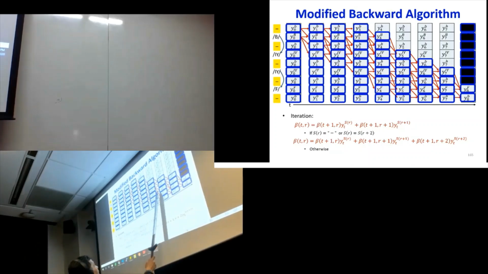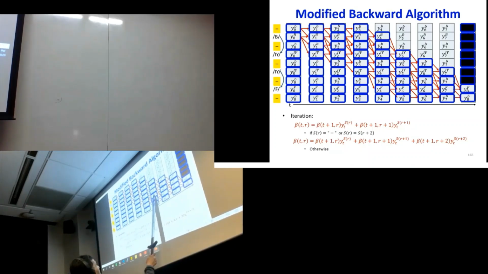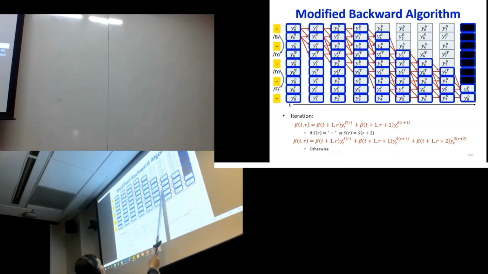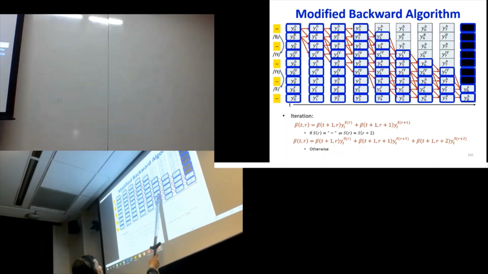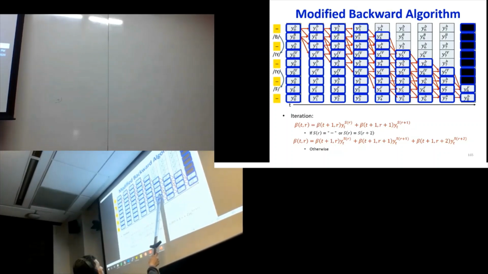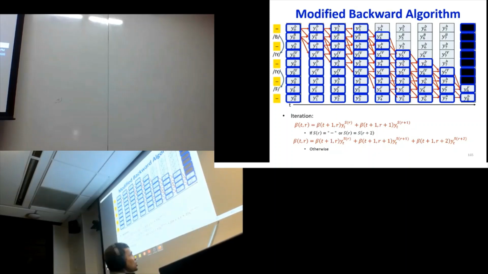So the beta at any node is computed as the sum of the beta in the same row at the next time instant multiplied by the corresponding probability plus the beta in the next row at the next instant multiplied by the corresponding probability. So in any row corresponding to a blank, the beta at t, r is obtained by summing over two beta values. One is the same row itself at the next time instant, and the other is the beta at the next row.